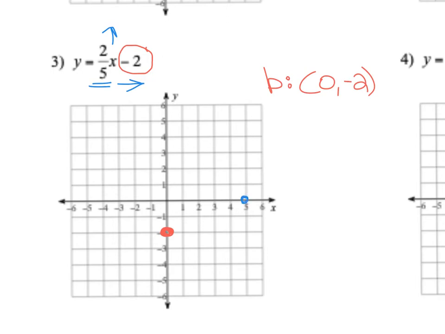And place your point. Now I'm also going to go in my opposite direction so that I have my line continuing in both ways from where I began. So I'll just go down 2 and left 5. Okay, so that's going to be our line. Connect your points as best as possible and draw your arrows, and we're done.